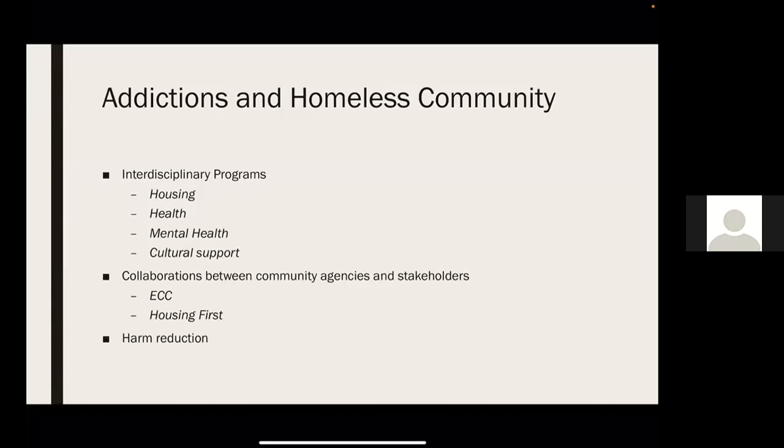The health part includes having safe supplies, addressing HIV or other chronic illnesses such as brain damage that follows from living in the homeless community. Mental health support, just because our community members have really deep levels of trauma that needs to be worked on and uncovered and reconciled with, and cultural support because we have a disproportionate representation of Indigenous population within the homeless community.